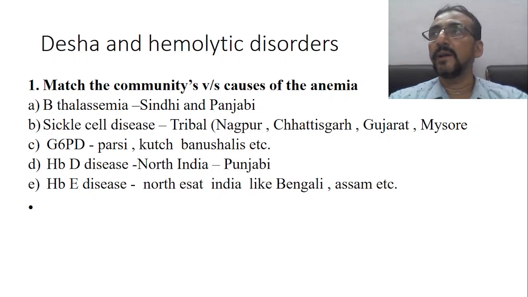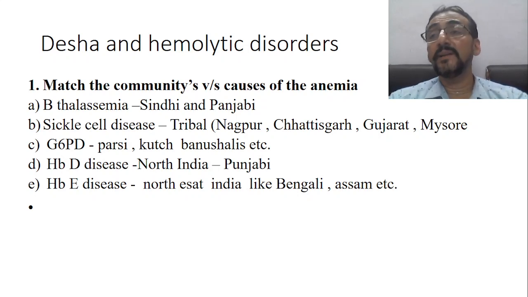Beta thalassemia is quite common in Sindhi and Punjabi populations. So this is a useful criterion. If you are practicing there, then before starting the iron treatment, please confirm that. Sickle cell disease, sickle cell anemia, is quite common in tribal areas, such as some tribal areas of Nagpur, Chhattisgarh, Gujarat, and the HD Kote area of Mysore in Karnataka, which is also a very common endemic area for sickle cell disease.